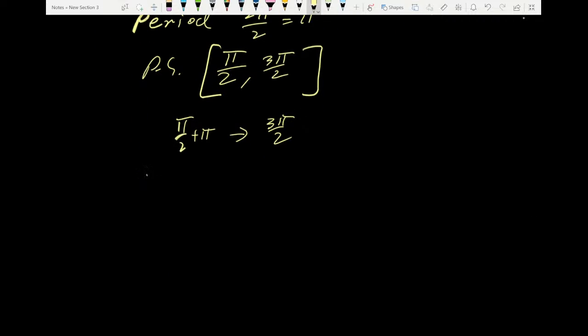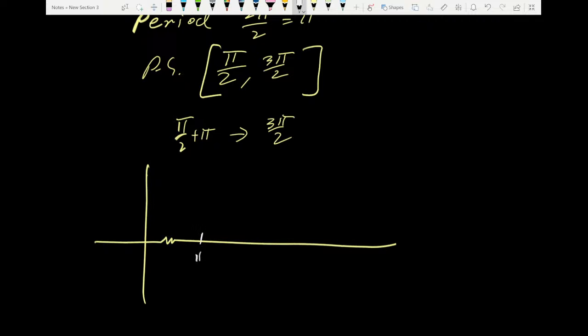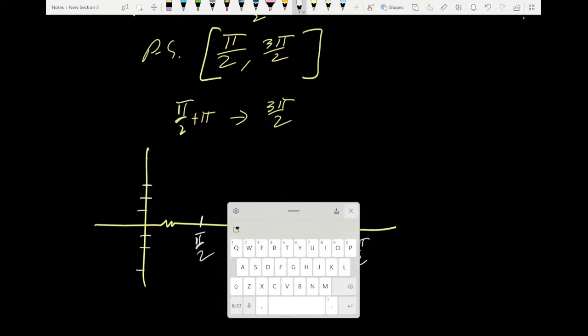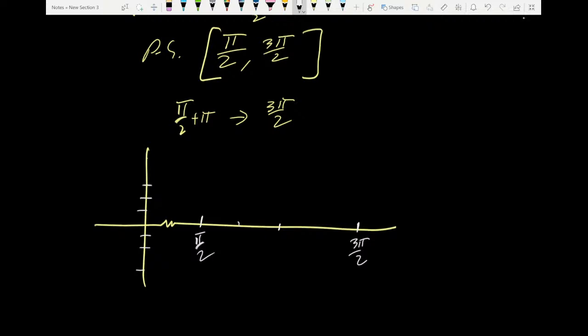So the graph for this sine starts at pi over 2 and ends at 3 pi over 2. Now we've got to find the other critical points, the midpoints. Halfway between pi over 2 and 3 pi over 2 is pi.